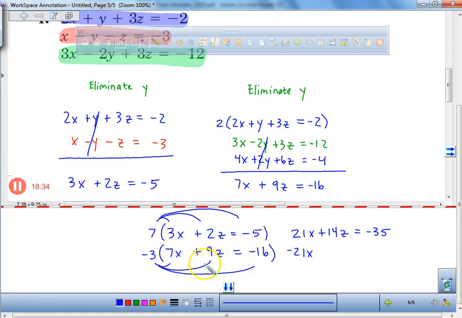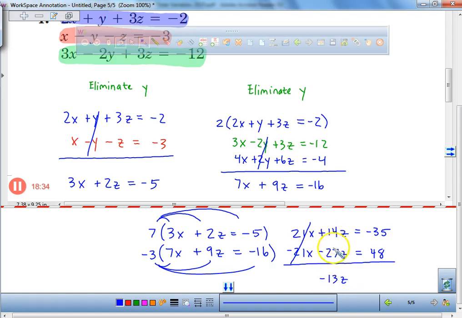-21x minus 27z equals a positive 48, because a negative times a negative equals a positive. Now we can add these babies together. What happens to all the x's? They get eliminated. Our lives are a lot easier because our x's are gone. We got -13z.